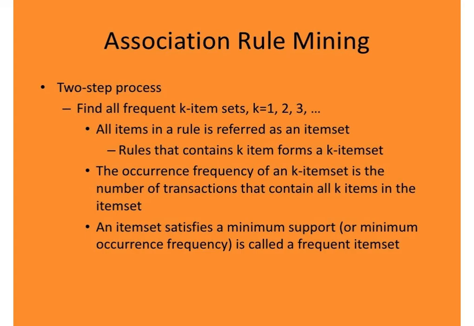So if an item set satisfies the minimum support, for example 50% or more, it is called a frequent item set. Next, take a look at generating strong rules.